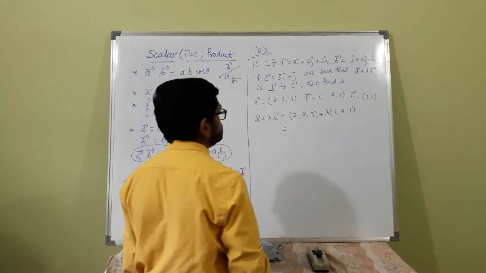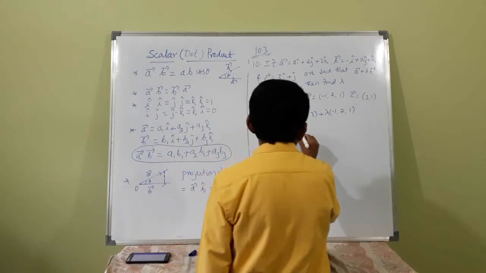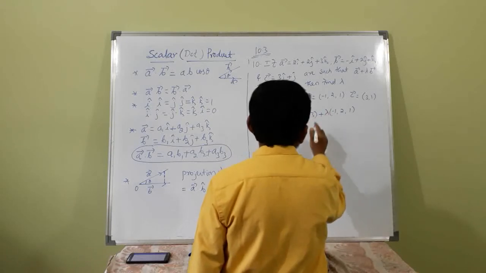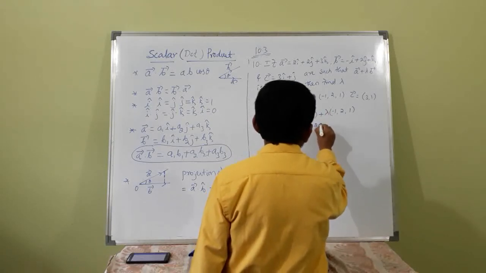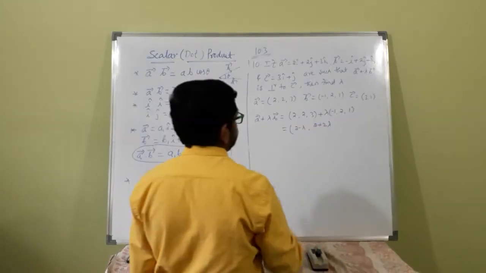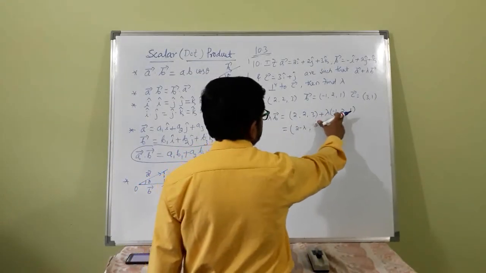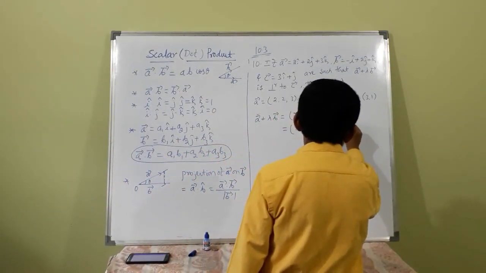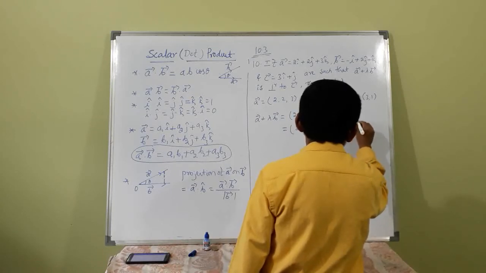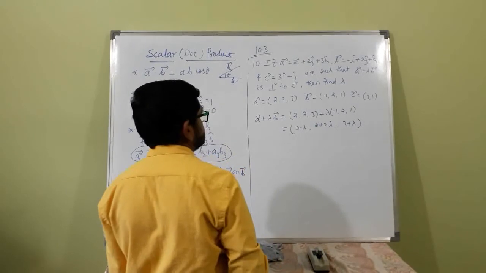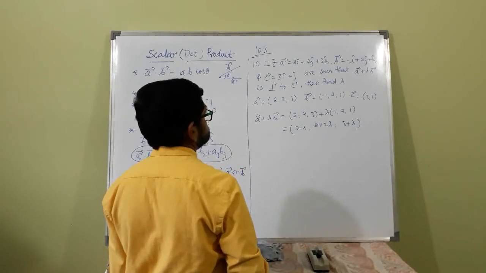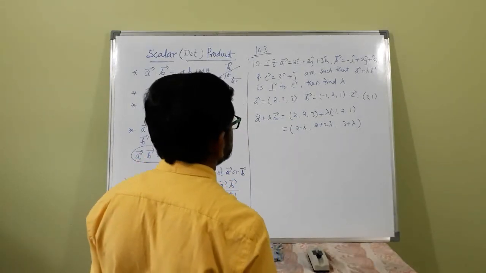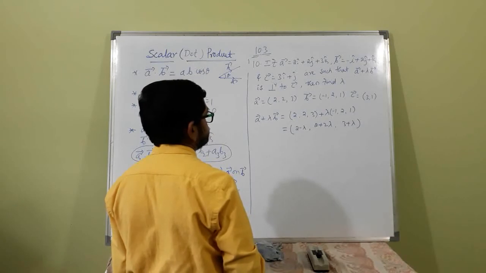This is equal to 2 minus lambda, 2 plus 2 lambda, 3 plus lambda. Show that this is perpendicular to C. Okay, C is 3, 1, 0.